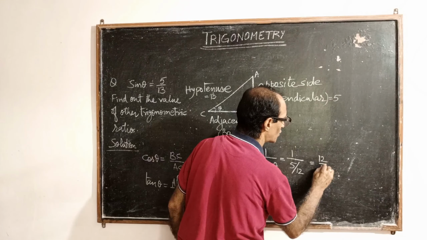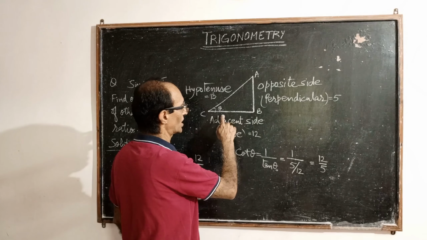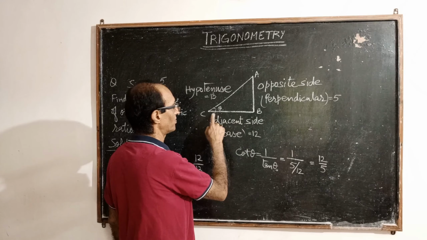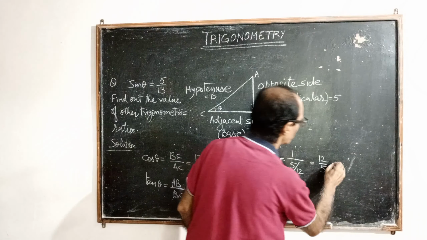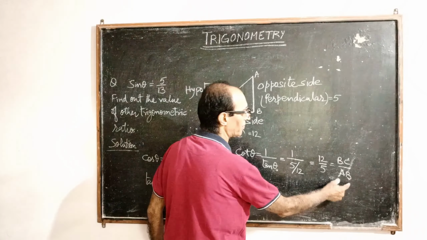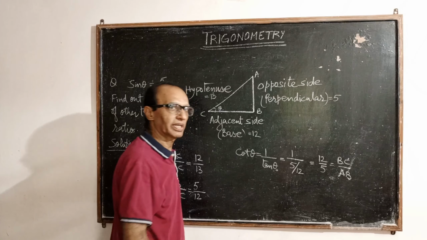So this becomes 12 upon 5. Even otherwise you can work it out that the definition of cot theta is side BC upon AB. You can say that cot theta is BC upon AB, and that is equal to 12 upon 5, or you may work it out in this manner.